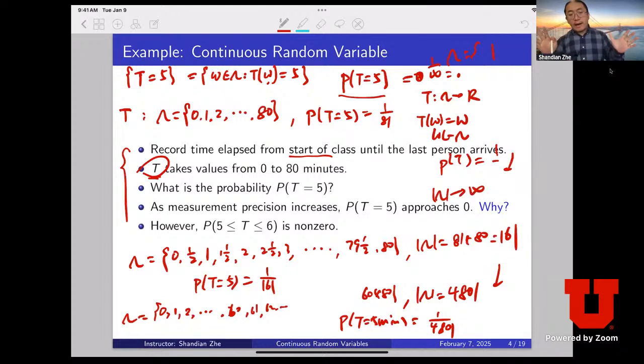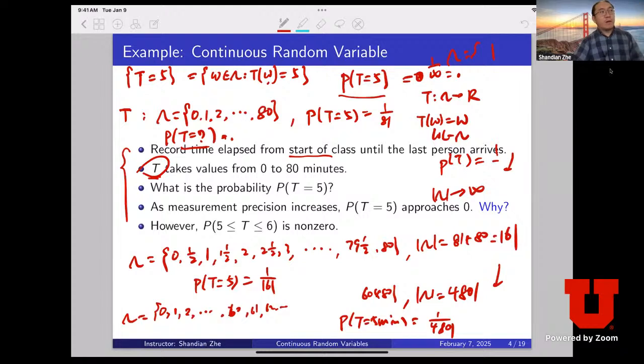Here, we just give an intuitive explanation. But regarding why, for continuous random variables, the probability of an event like t equals something must be 0, this has a profound mathematical insight. Actually, if you allow this to be non-zero, then your probability system will be contradictory.